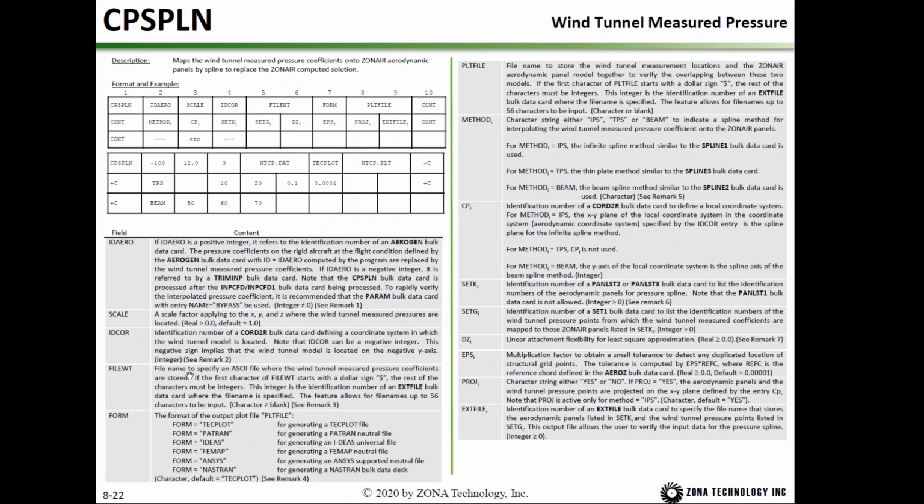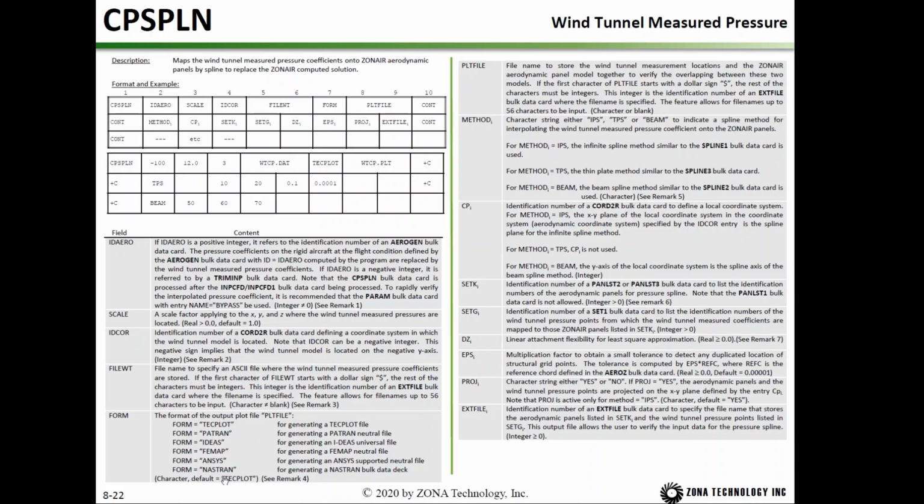File WT is a file name to specify an ASCII file where the wind tunnel measured pressure coefficients are stored. Then there is a plot file to store the wind tunnel measured CP sensor locations and the ZONAIR panel model; it includes both in this file.